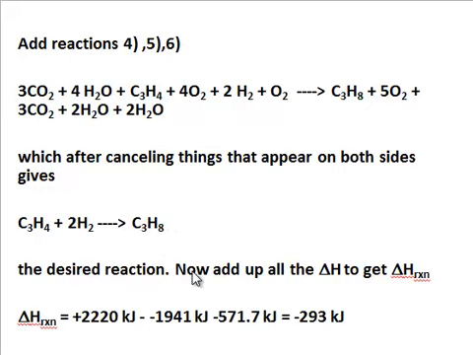Add up all the delta H for 4, 5, and 6. Note that we followed the addition rule for the arithmetic in this case. Delta H is negative 293 kilojoules. Alright, this is the last example problem, and this is the end of the Hess's Law lecture for Unit 5.